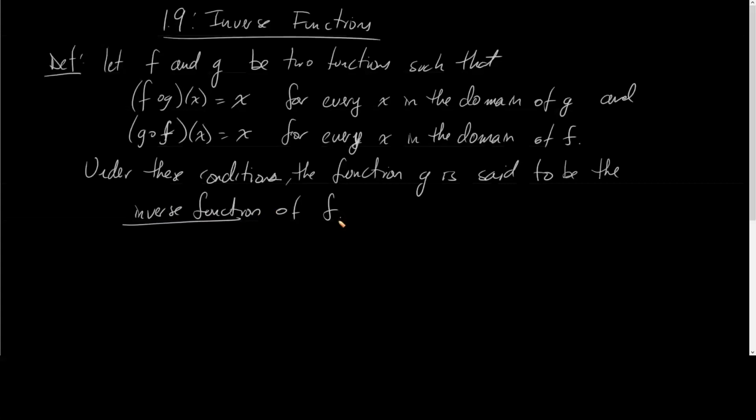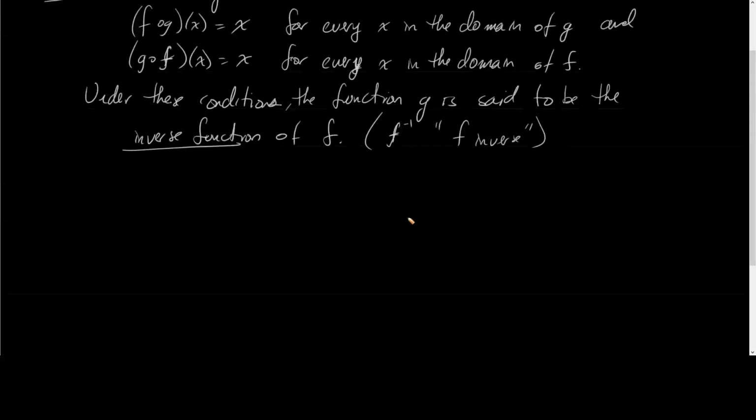All right. And in here, we're going to denote that as f inverse. This is pronounced f inverse. So essentially, we have f with an exponent of -1. That means f inverse. Don't confuse it with the reciprocal.